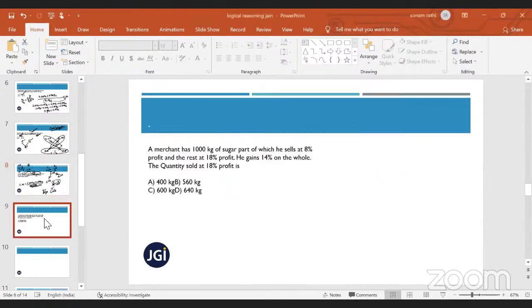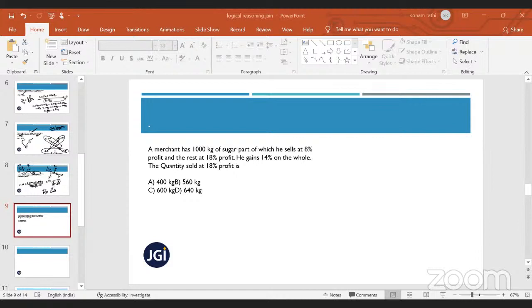Okay, this one. A merchant has 1000 kg of sugar, part of which he sells at 8% profit, rest at 18% profit, and overall 14%. So one is 8, another is 18, and the overall middle one is 14.